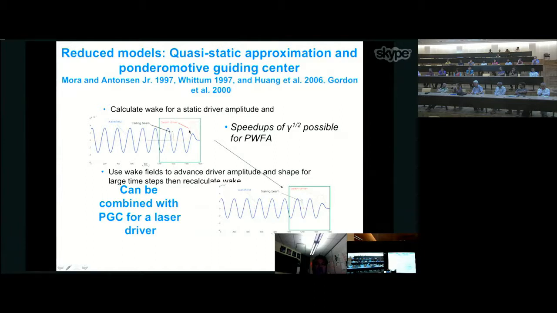Dan Gordon was the one who put the ponderomotive guiding center into standard PIC codes. It came from their work on quasi-static codes. This is a 2D quasi-static code, and my grad student wrote a 3D quasi-static code. And this code, as I'll come back to, is now open source.